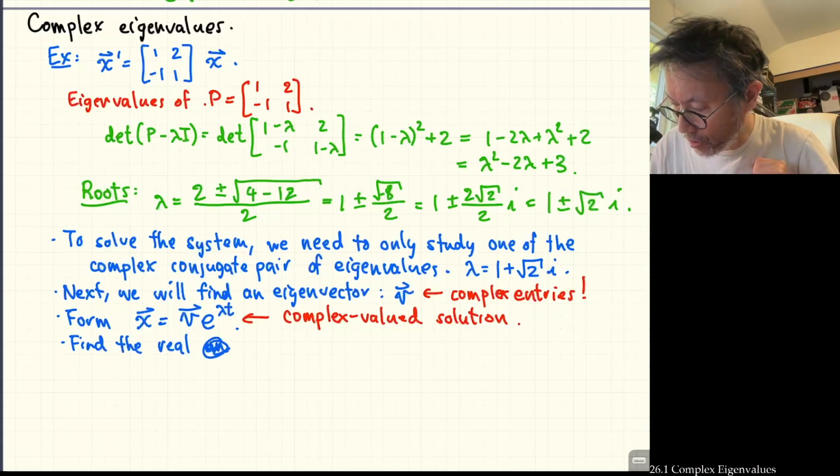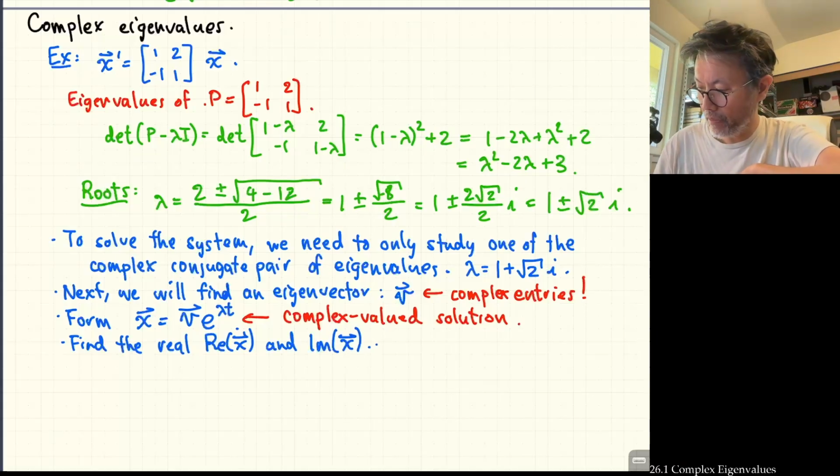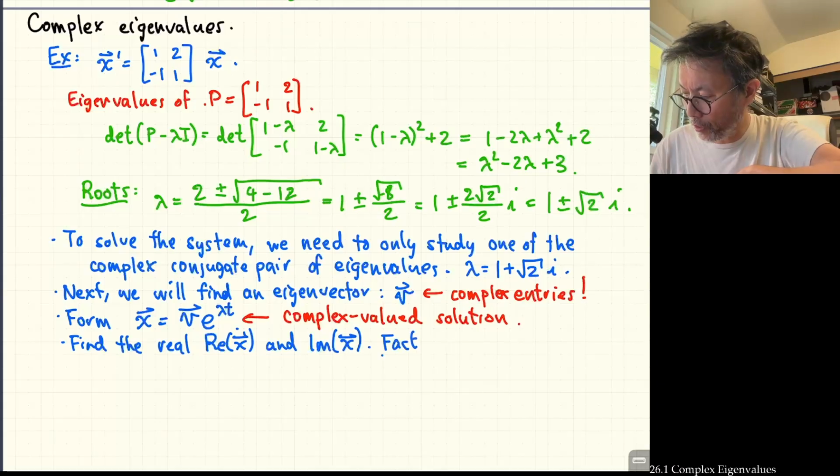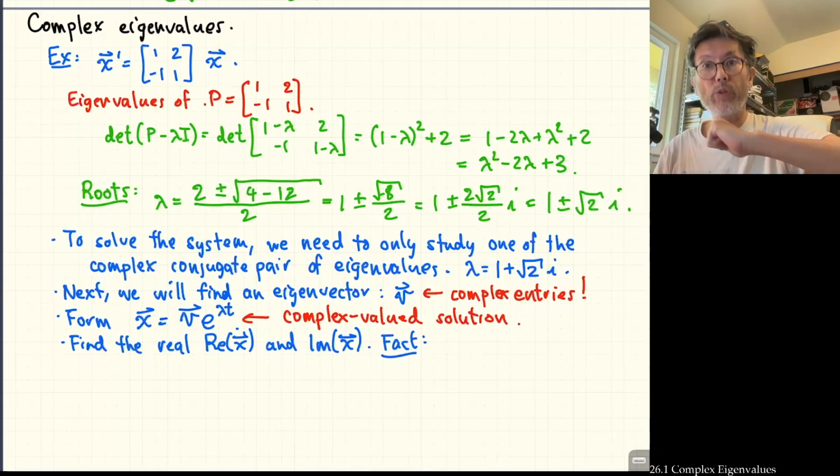So the real part is denoted sometimes like this. I'll write Re of x and Im of x. Okay? And here's the fact that I'm shoving down your throat, and this is very believable. These are real valued solutions.